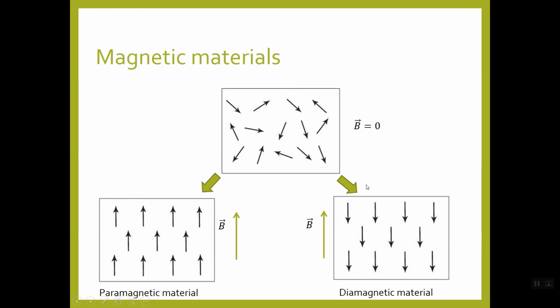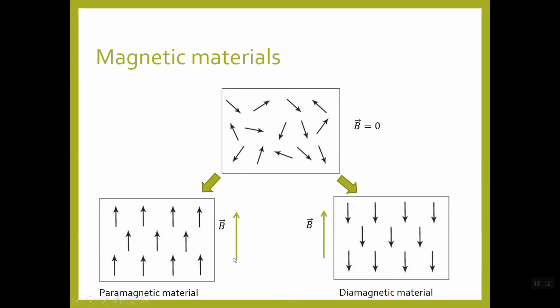So here, let's say here's our magnetic material, and here are the magnetic dipole moments in the material. At B equals 0, these moments are not aligned. There's enough thermal energy that makes it so that the moments are randomly aligned.